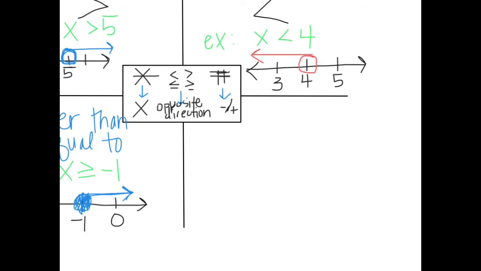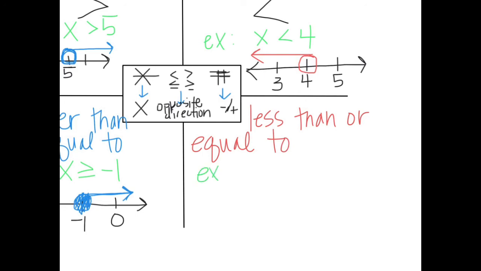All right, now we're going to throw a twist into this. We are going to do the quadrant for less than or equal to. And we're going to do 2 examples. We're going to do example 1, which is pretty basic. X is less than or equal to -6. We will graph that on the negative part of the number line.